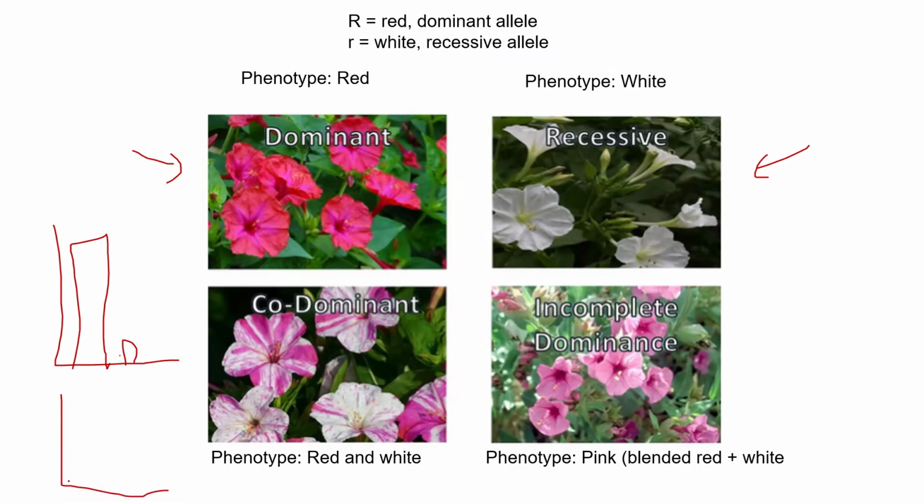What if the dominant trait only expresses like so, and then the recessive trait expresses like so? Still less, but not completely. Or what if we have just two dominant traits like the AB blood type? Whenever we have two competing dominant phenotypes, we call this codominance.